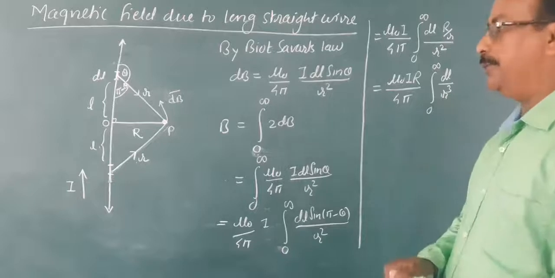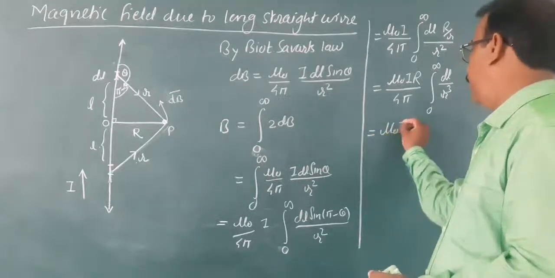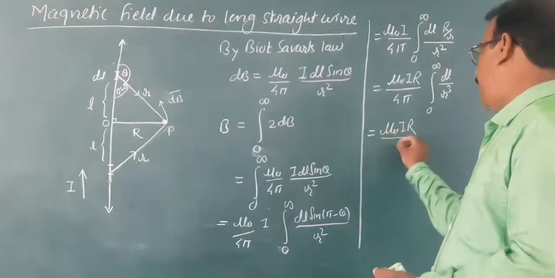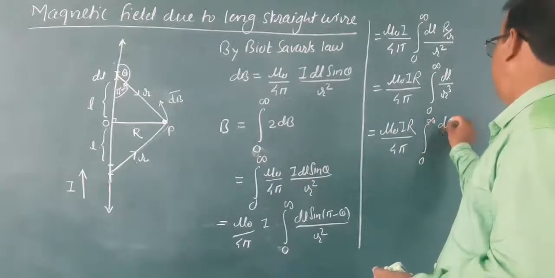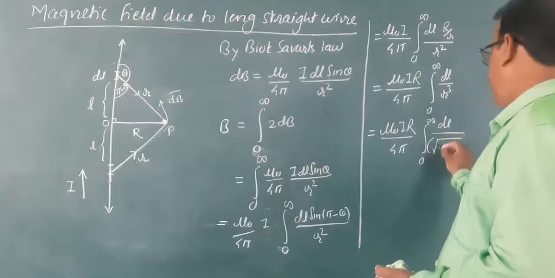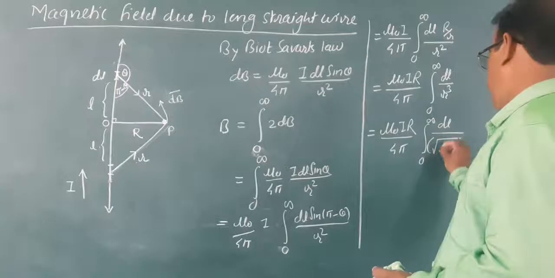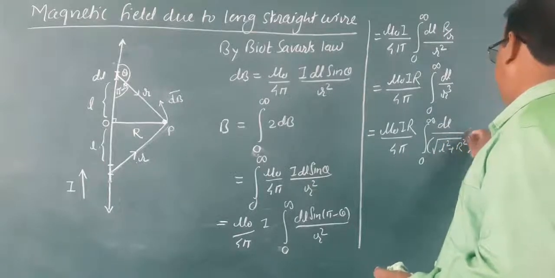Writing this r from the figure, how much? It is root of r square plus l square, by Pythagoras.